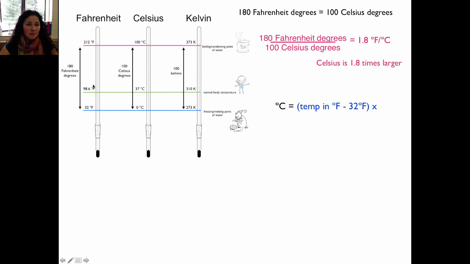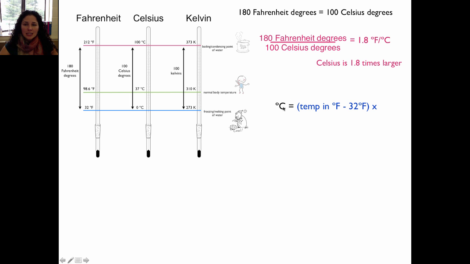Now, that will not always give you the right answer unless you're at 0 degrees. Notice that I can't simply subtract 32 from body temperature and get the correct answer. Because the Fahrenheit degrees and the Celsius degrees are different sizes, you have to do a conversion. And you can use this equivalency as a conversion. You could use 180 and 100, or you can use 1.8 and 1. In my slide, I've used the 1.8 and 1.